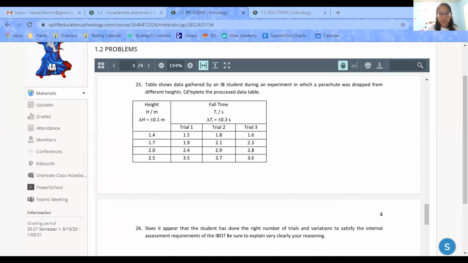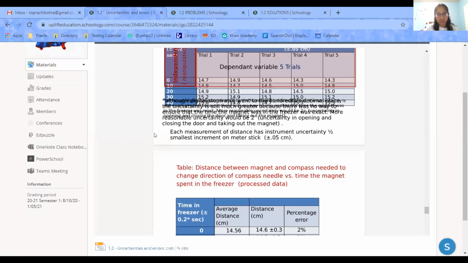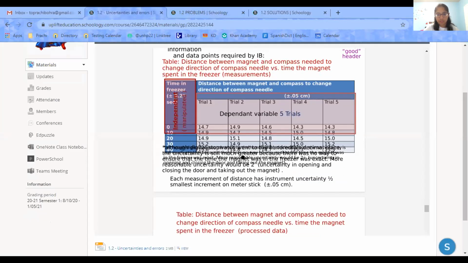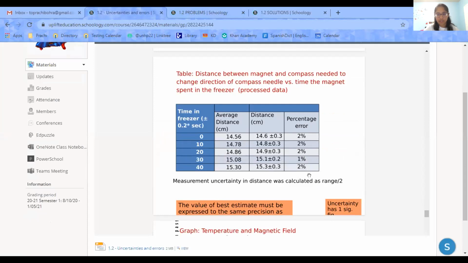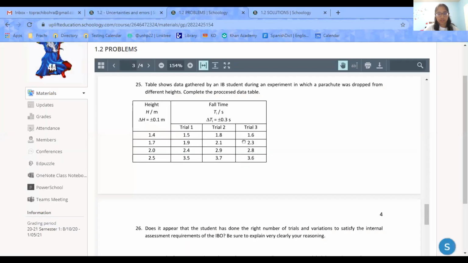I'm not really sure what it means by complete the process data table. I think it means to find the percentage uncertainties, because that's what it says here. She gave us this table and then later it had percentage error. So I think it means to process all of this and find the percentage error and write the distance with the uncertainties.